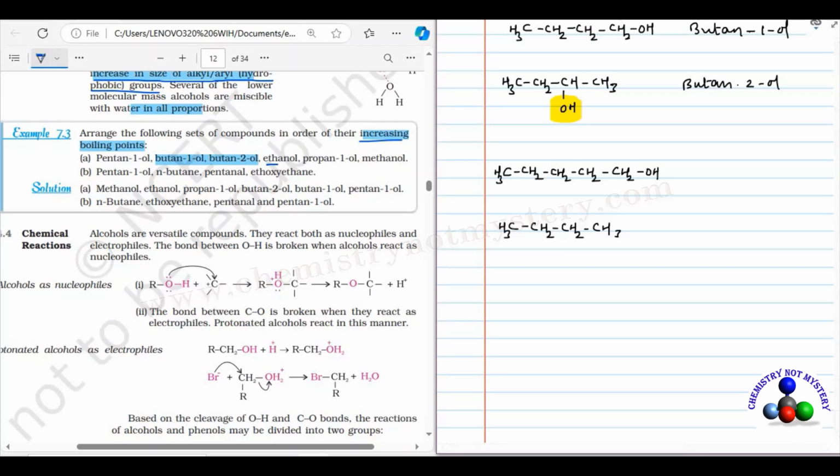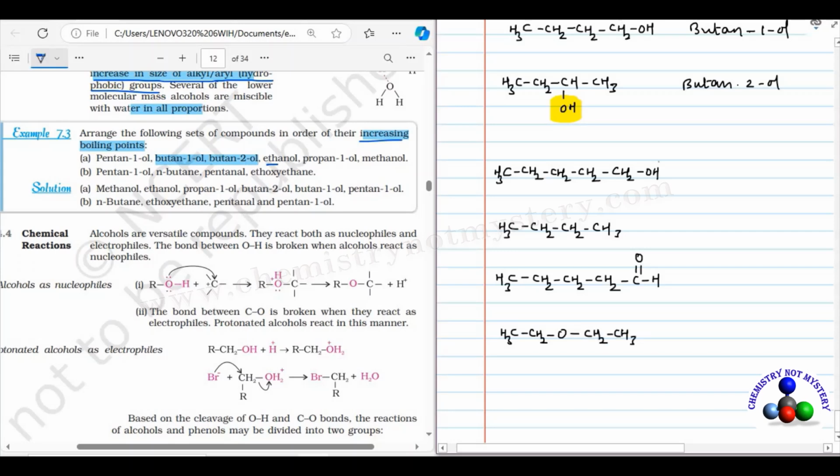This is n-butane. Now draw the structure of pentanal. Pentanal means it has the aldehyde functional group: CH3, CH2, CH2, CH2, C double bond O, H. This is pentanal. Now draw the structure of ethoxyethane. This is an ether. So it is CH3, CH2, O, the ether functional group, and on the other side also CH2, CH3.